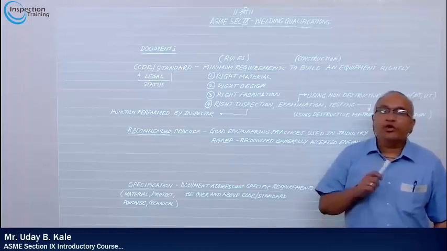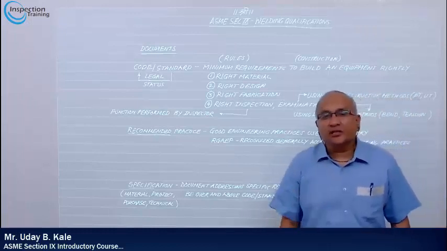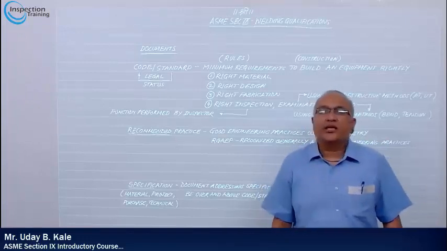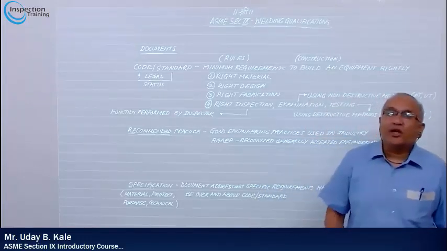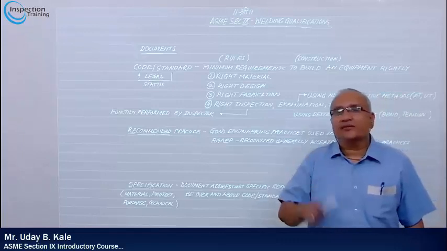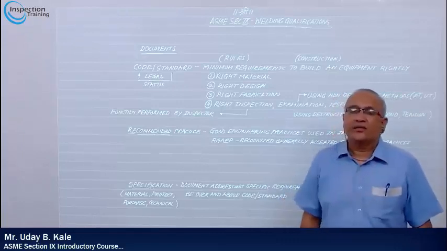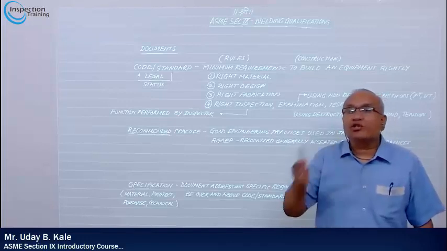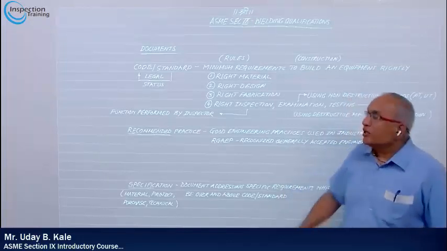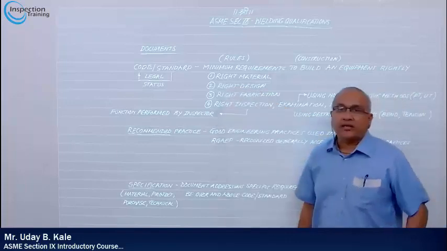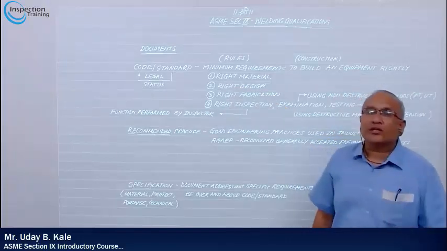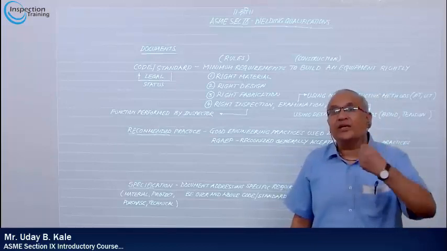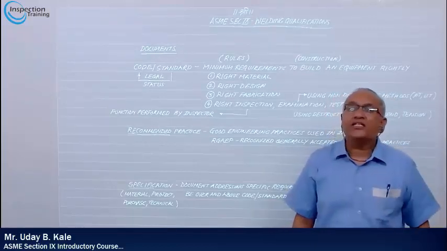But if you want to use it for specific application, for low temperature application, then you need to have normalized plate and not as rolled plate, because as rolled plate will not be useful. Now, the right material is given by the code or standard. Now it depends upon the owner user's application to specify which material is to be used depending upon its application.